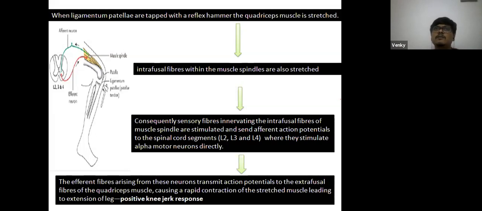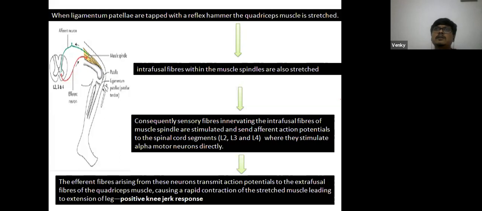Similarly, in the supinator reflex, you will get an inverted supinator with a C5, C6 lesion. If you see a case with an inverted reflex, definitely there is a lesion, and the lesion is at the level of C5, C6.